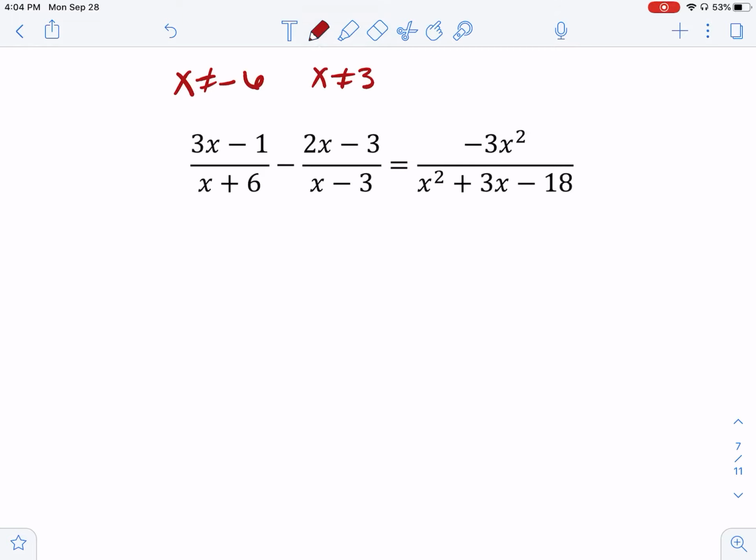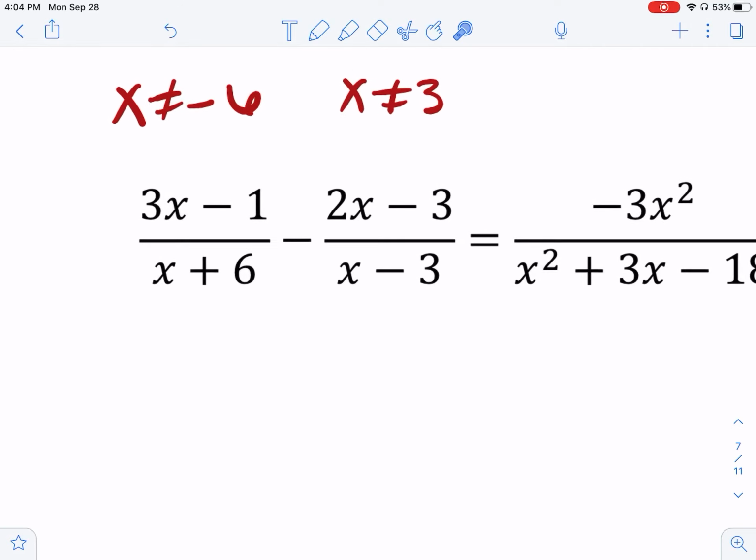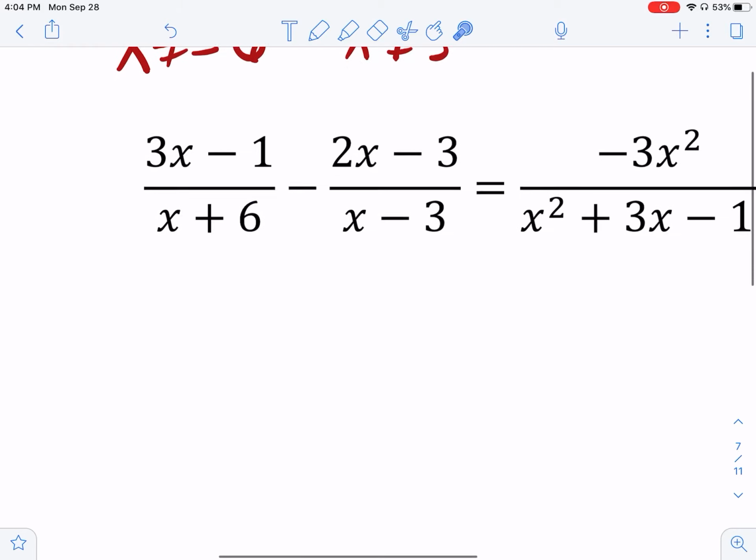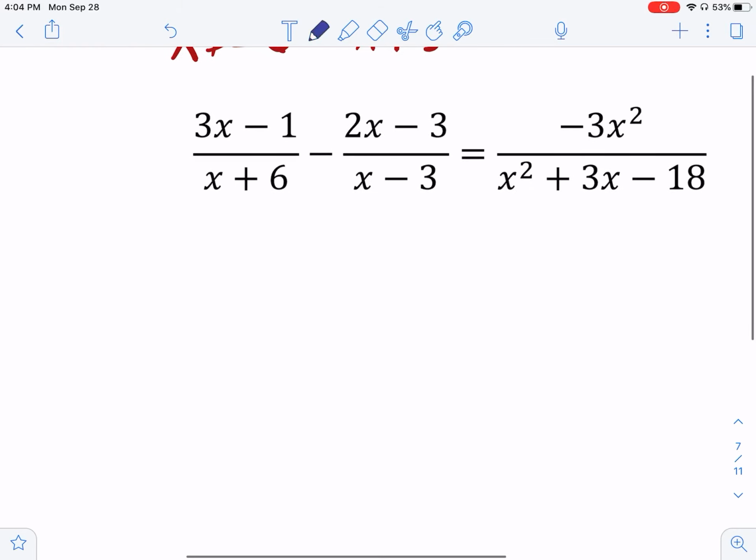Now I can move into goal 1, which is to get this side down to 1 fraction. In order to do so, I need to add or subtract, but they don't have a common denominator. So my first thing is to get them to have a common denominator by multiplying by that well-chosen 1.